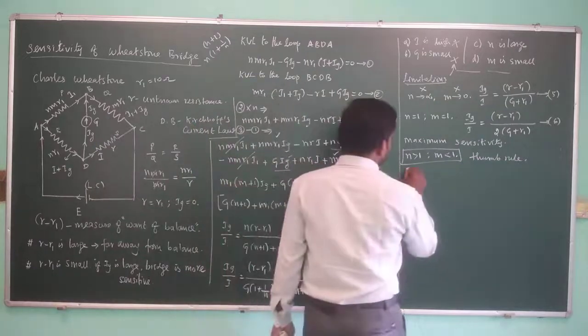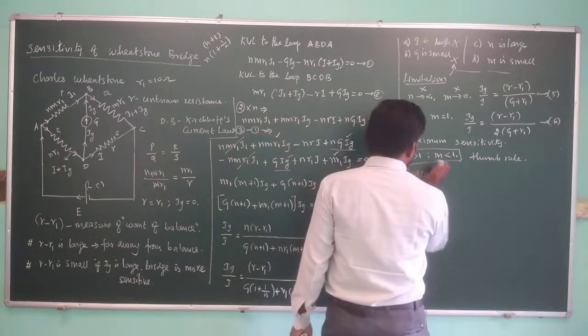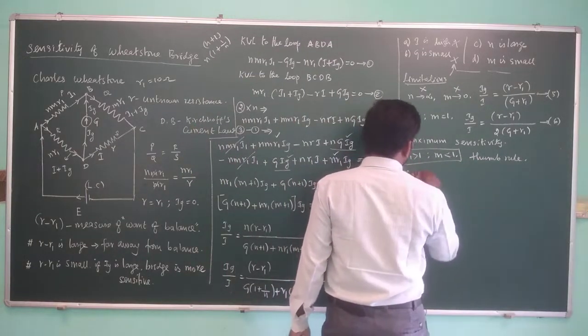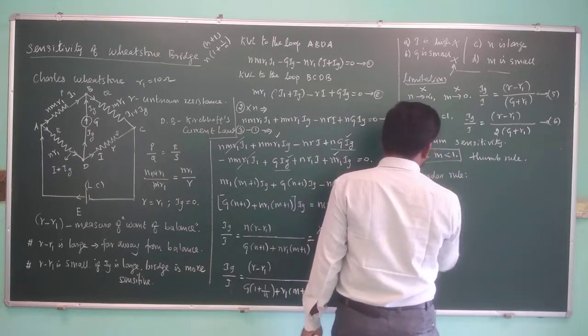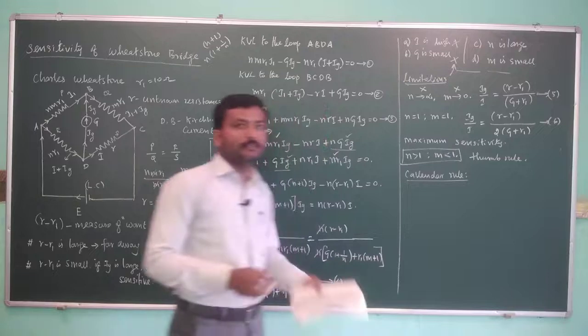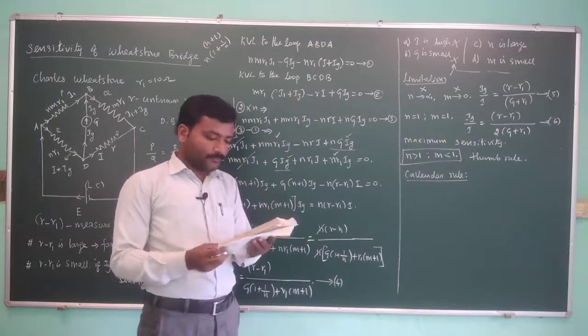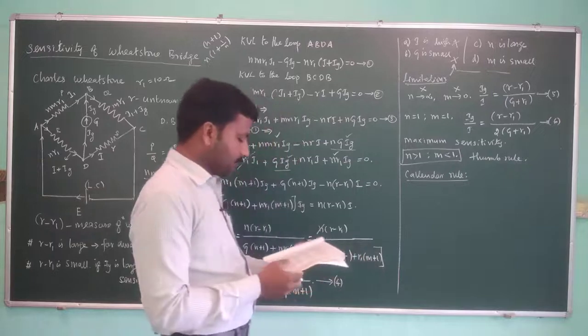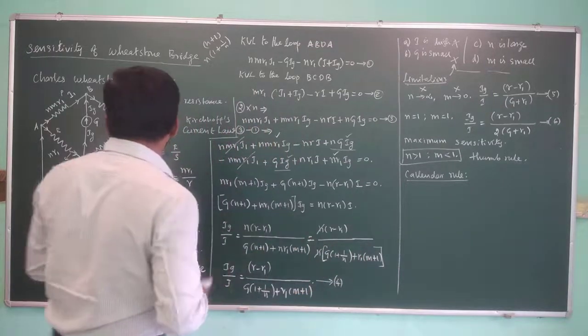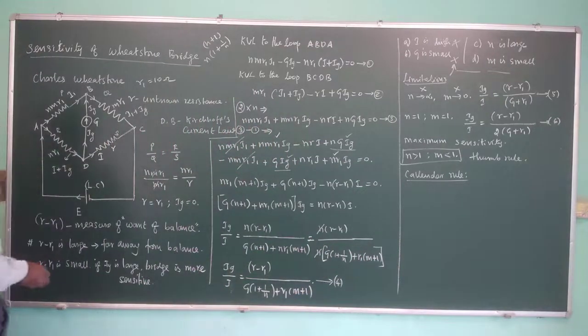And there are other two rules while talking about the sensitivity. One is Kelvin's rule. According to this rule, the sensitivity of the bridge will be higher if the resistance in series with the unknown resistance is higher than the resistance in parallel.